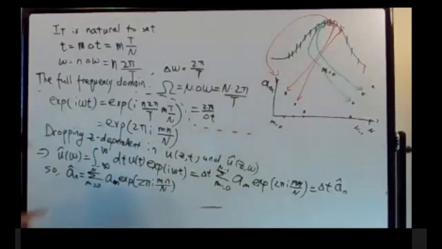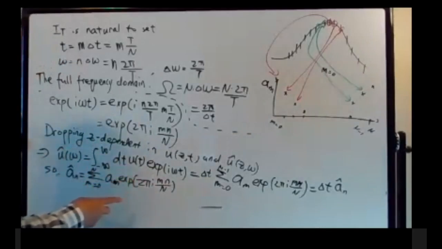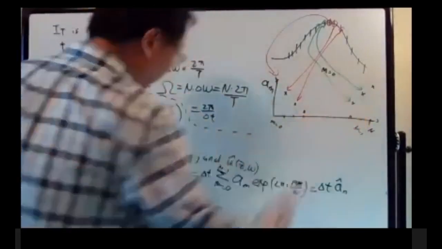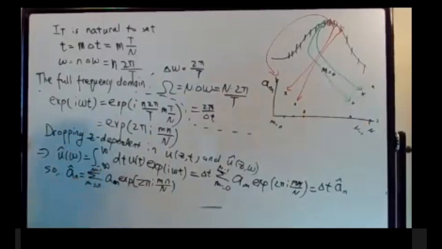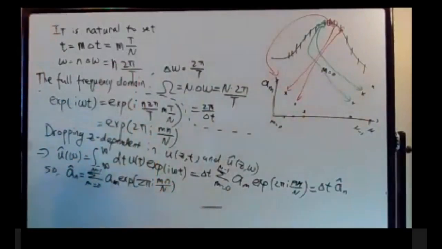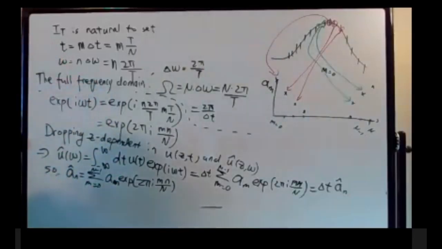In other words, when you take this discretized Fourier transform, first you pick n equal to 0, and sum from m equal to 0, 1, 2, 3 up to N minus 1, with a_m exponential 2πi m n over N. So this is the discretized Fourier transform. Any questions so far?